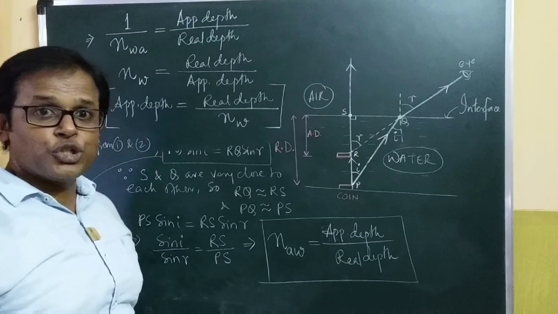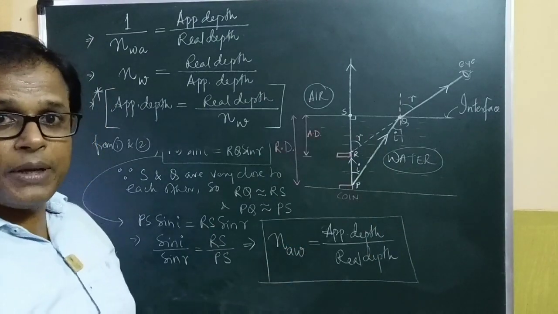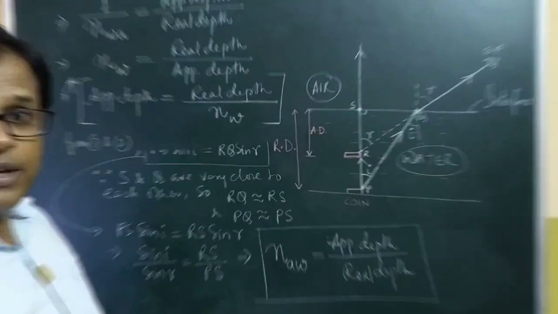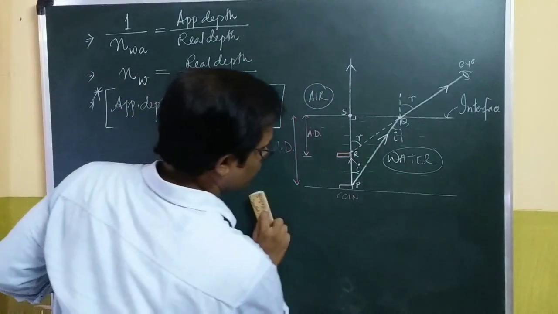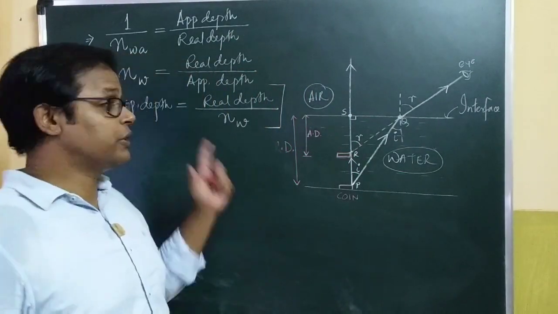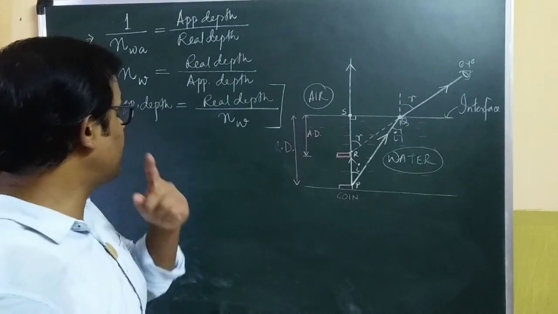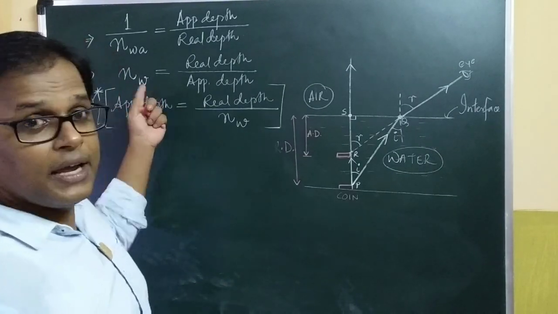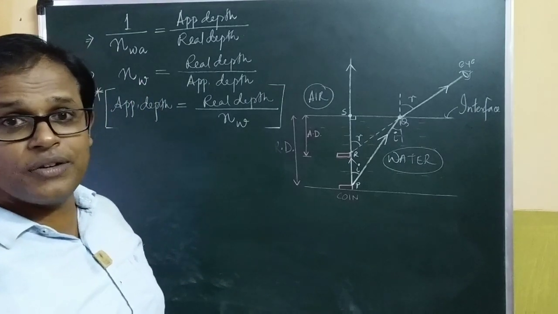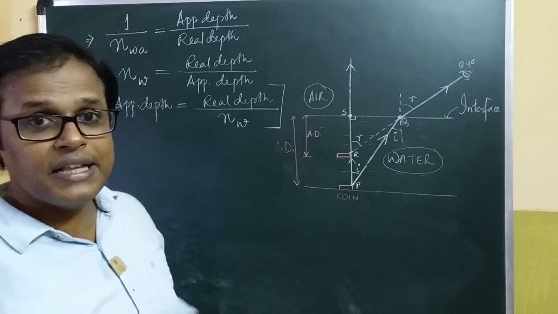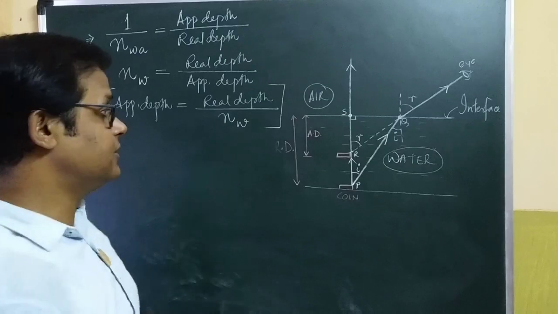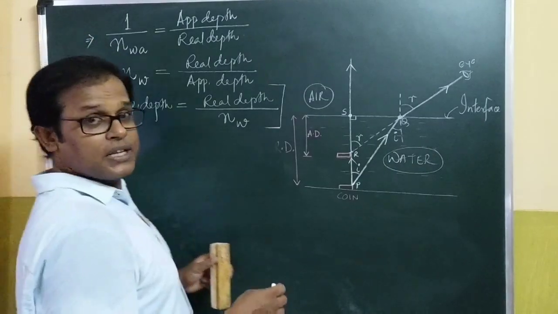I hope I'm not too quick. So that's the way to calculate the apparent depth and the relationship between the real and the apparent depth, which also gives you another new tool to find out the refractive index of the denser medium in concern.